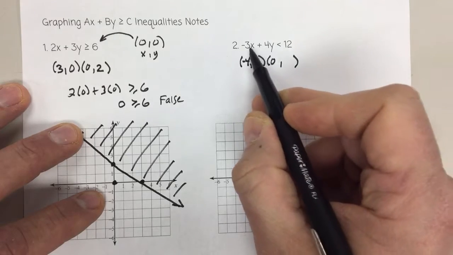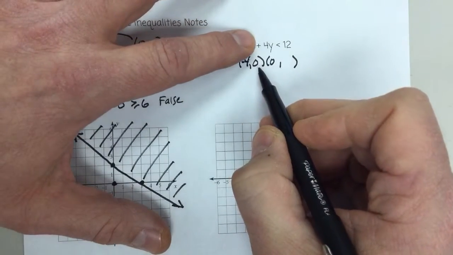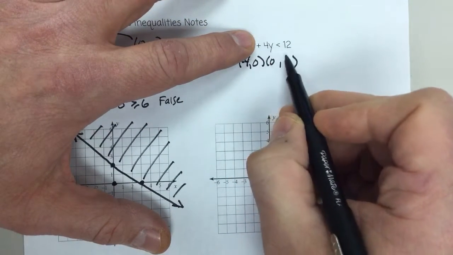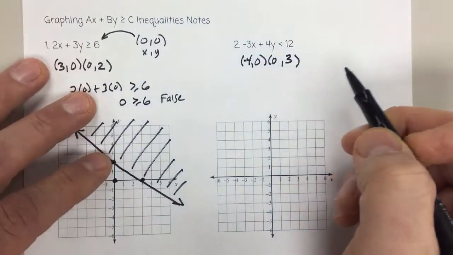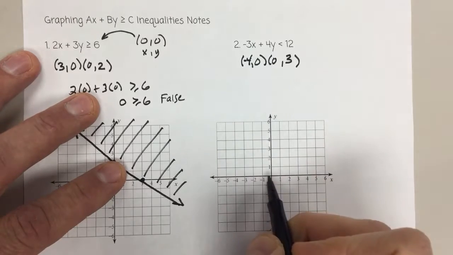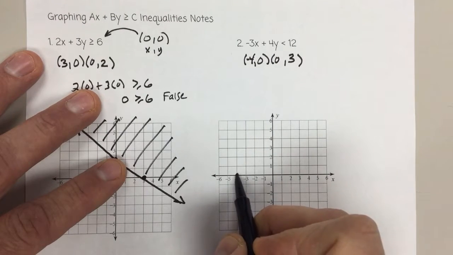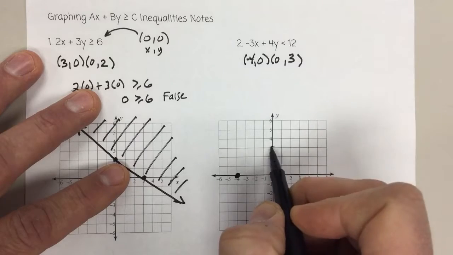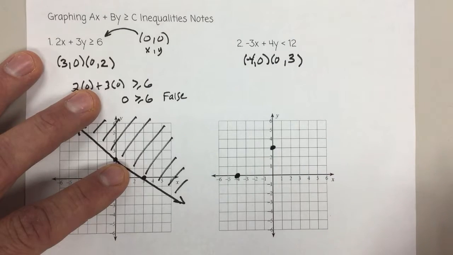This 0 I plug in for x, so that disappears. 12 divided by 4 is 3. So I will now graph these 2 points. Negative 4, 0, which is here, and 0, 3, which is here.